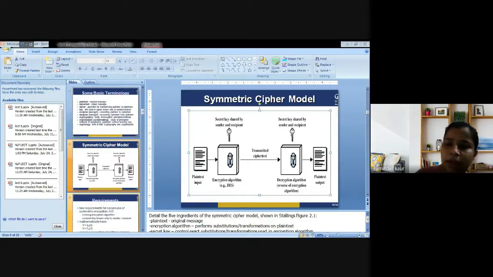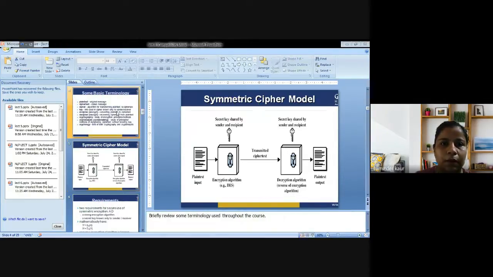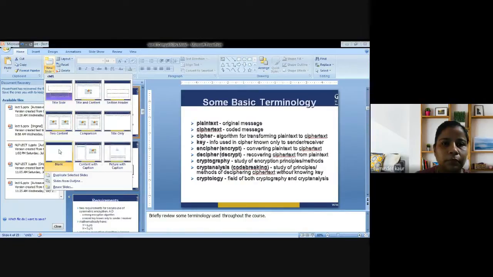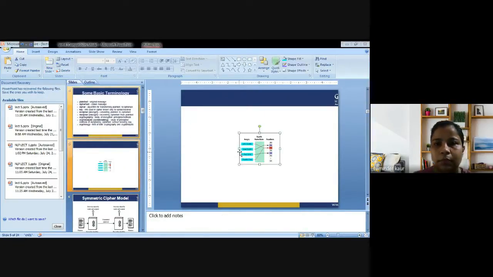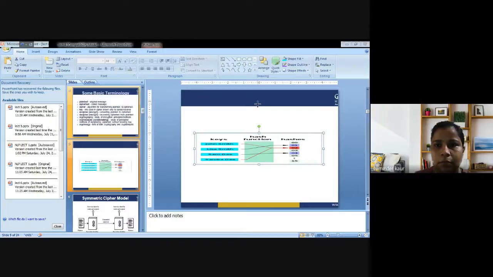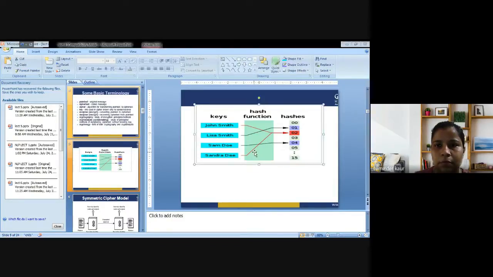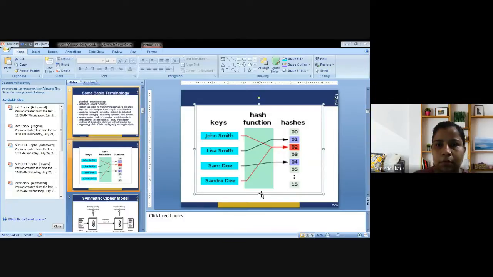So have a look at the same. I can show you the example here. This is the hash function that I am discussing.